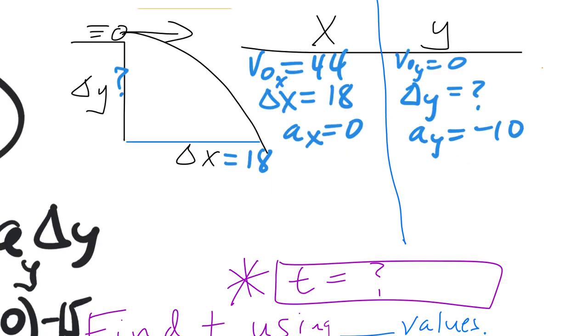I know more of the X values because I have two non-zero numbers. I have only one non-zero number in the Y values. So let's solve.